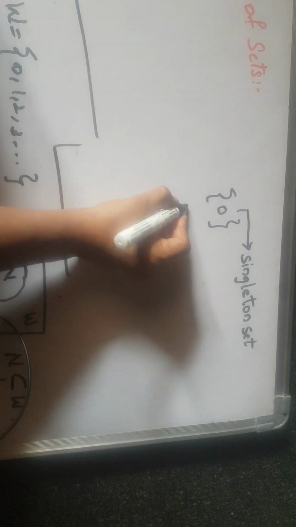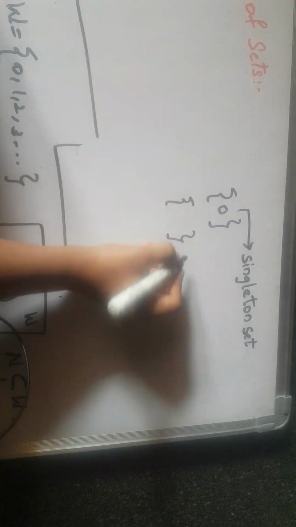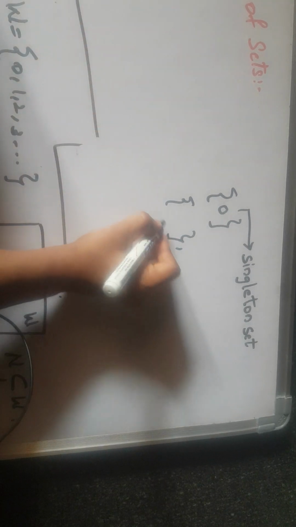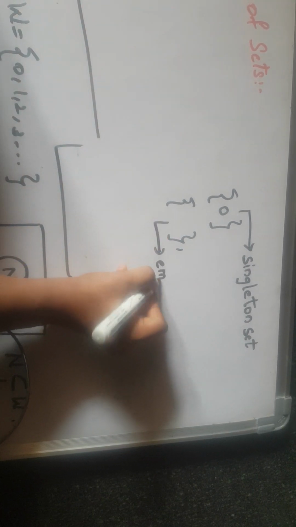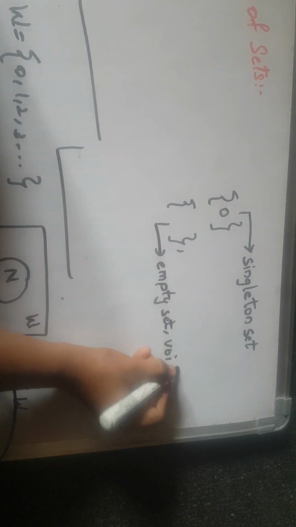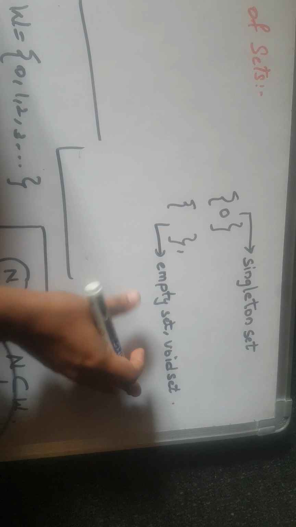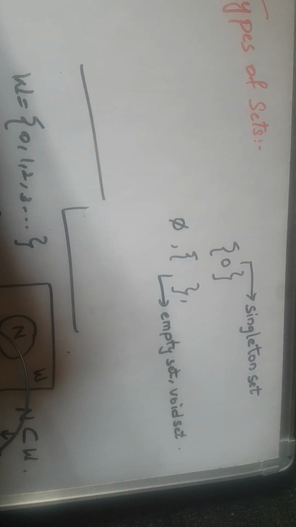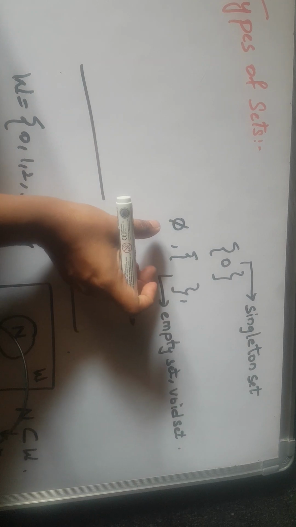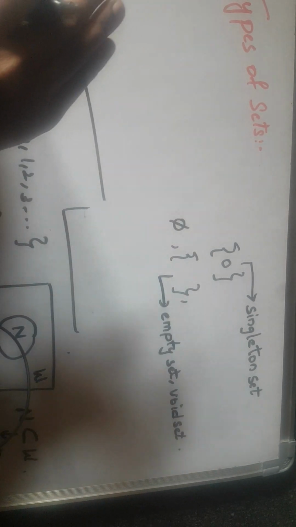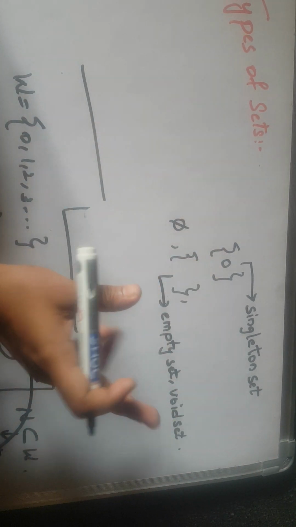And if no element remains in the set, it is called an empty set or void set. It can also be represented as phi.